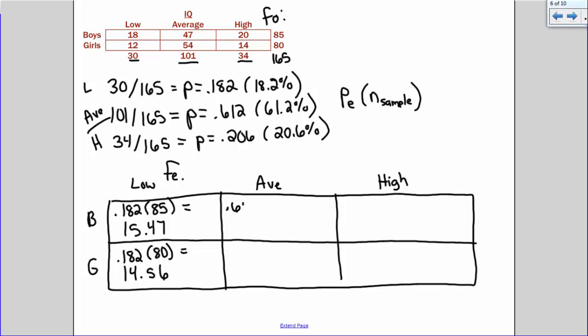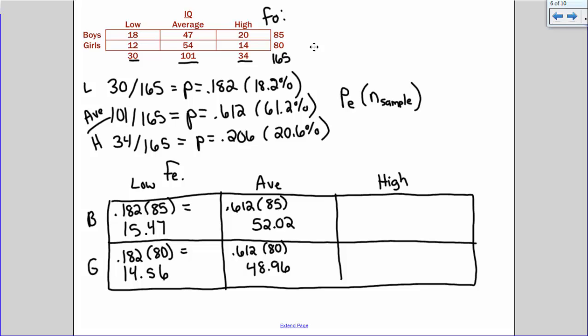So 0.612 times 85 boys and 0.612 times the 80 girls. So under the null hypothesis, we would expect that 52.02 boys would have an average IQ and 48.96 girls would have an average IQ. And you can see that consistently the number associated with boys is higher than the number associated with girls because we have more boys than girls in our sample.